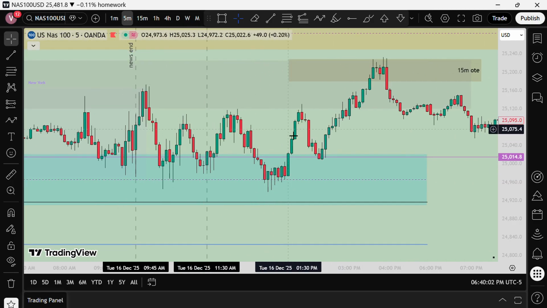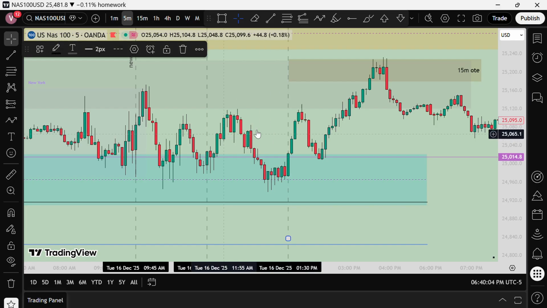From this area to this area, we have our lunch hour macro, and inside that lunch hour macro, price consolidates around the consequent encroachment of the fair value gap.